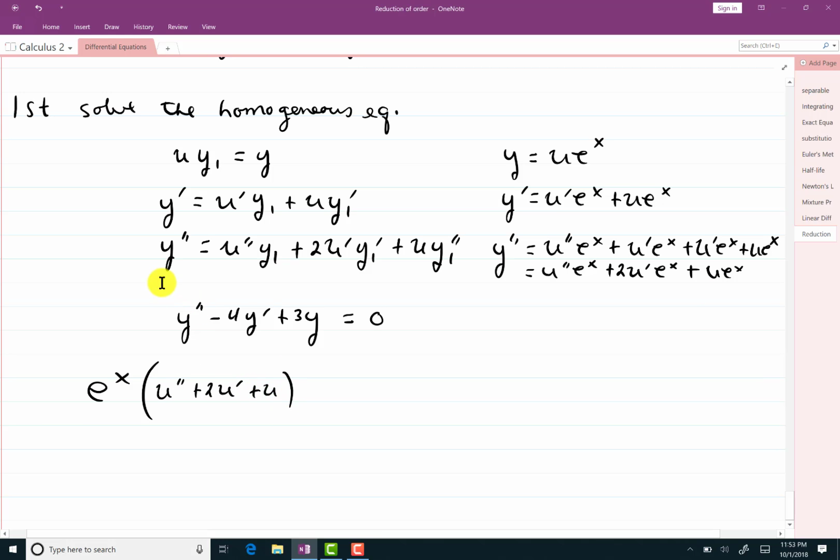And then I'll have minus 4e to the x. And then what was y prime? U prime plus u. And then I had plus 3e to the x, and that would be times u.